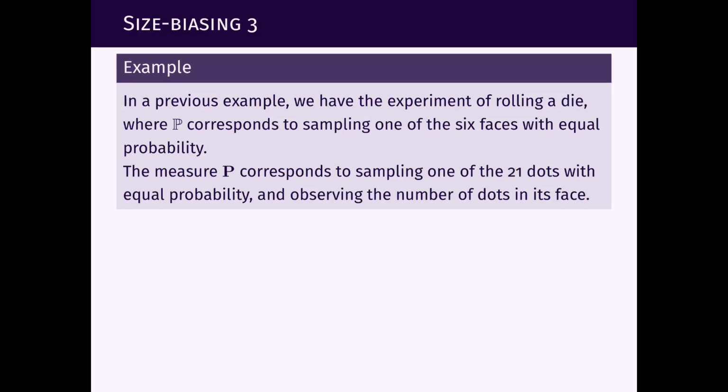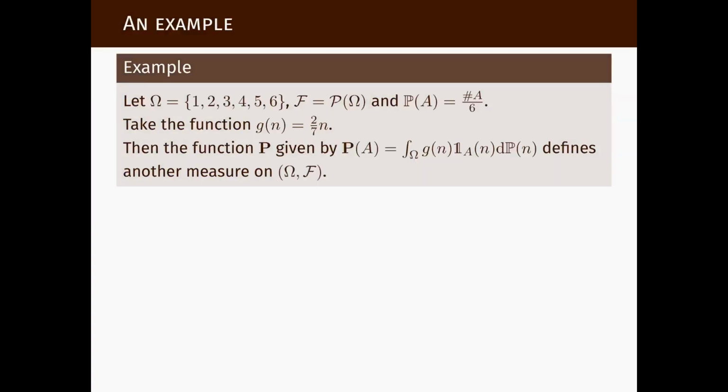And the last example of size biasing is actually just revisiting an example from the first video lecture in this unit, where we tilted the distribution when we roll a die. Let me go back to that example. So here, in the first video lecture of this unit, we're rolling a die. These are the possible values that we would obtain.